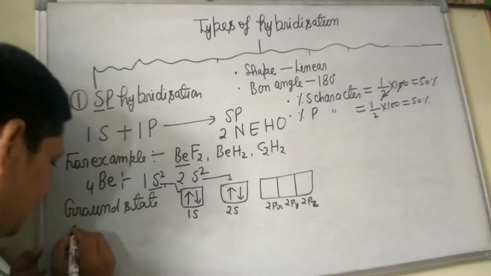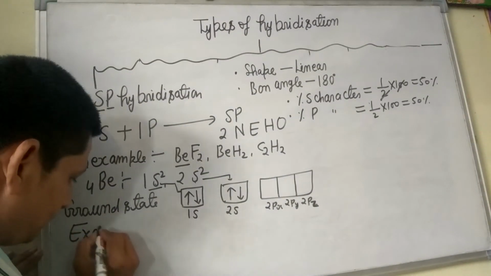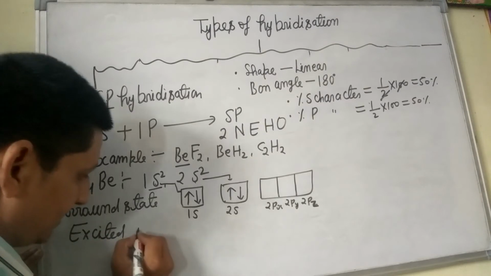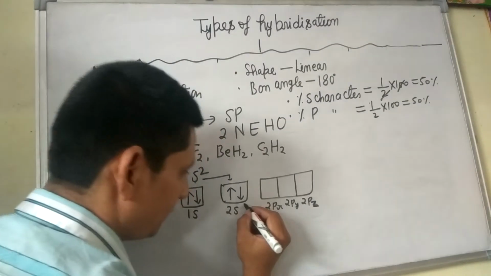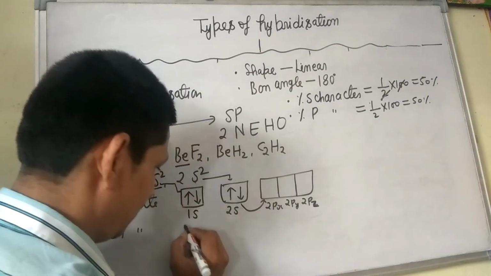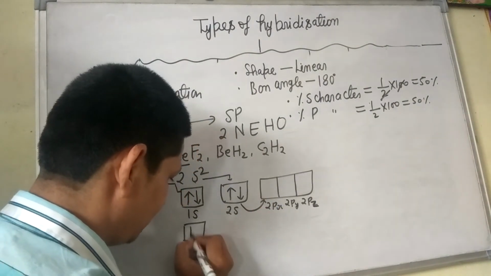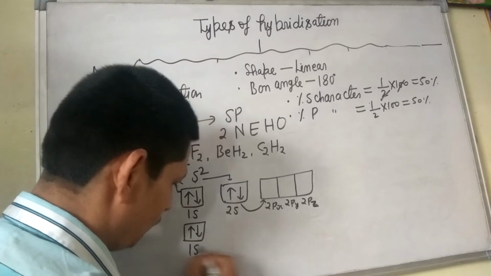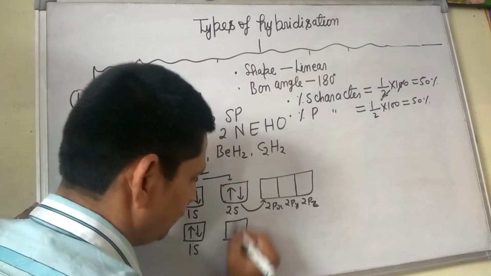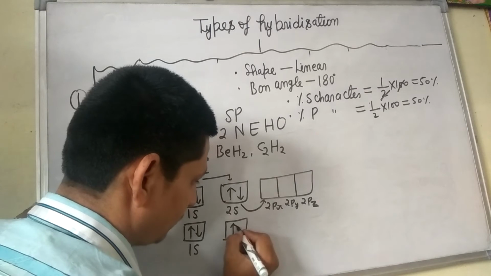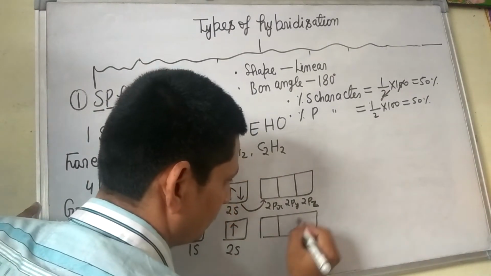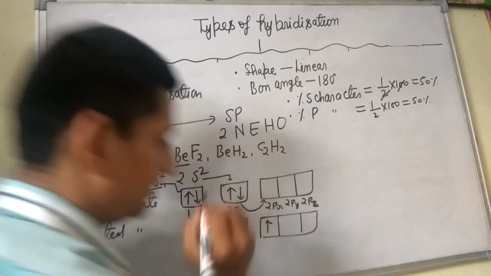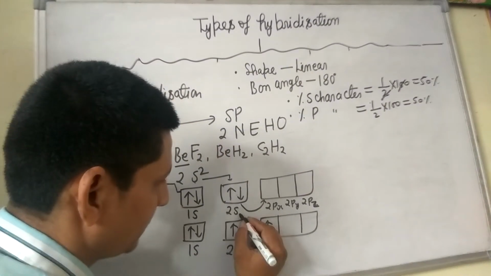After this, the excited state. In the excited state, we provide some energy, then an electron jumps from the 2s orbital to the 2p orbital. Now the arrangement becomes 1s with 2 electrons, and due to the loss of 1 electron, 2s contains only 1 electron, and 1 electron joins 2p.